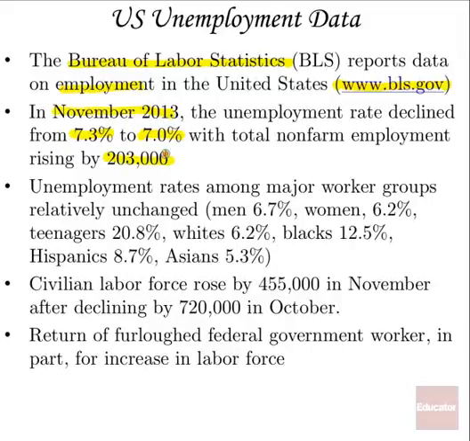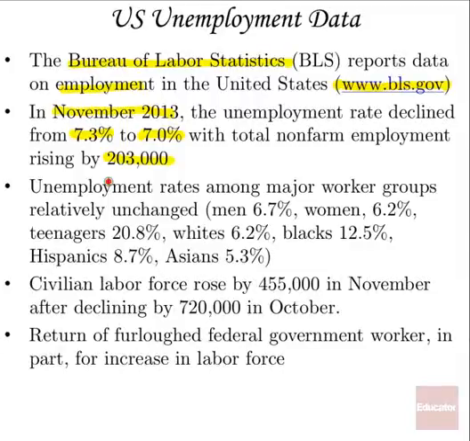Now, again, in and of itself, it's hard to really analyze what's going on. If all you knew is that the unemployment rate went down from 7.3 to 7.0%, then you'd say it's a great report. And also the 203,000, unless you have other figures, it's hard to compare.